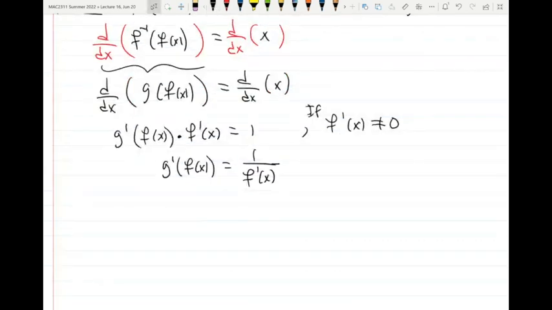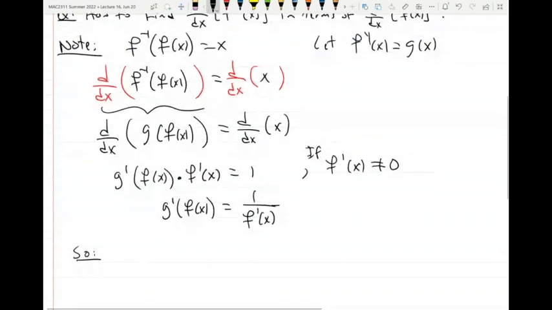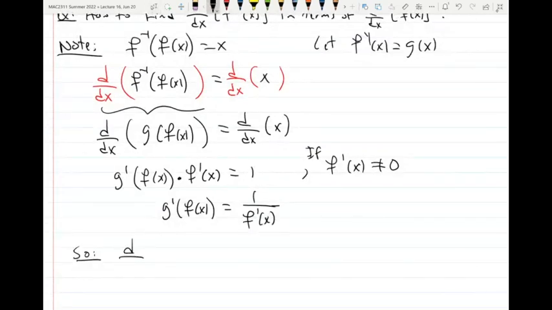All right, so let's see. Now I'm going to put what g is. So g is f inverse. So what this is telling me is that the derivative of f inverse, let's see, how do I write this down? So this would be f inverse, because it's gonna look super weird, I'm gonna call this y.